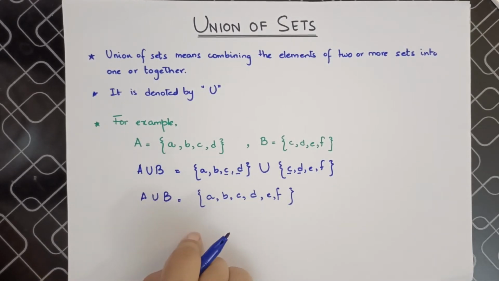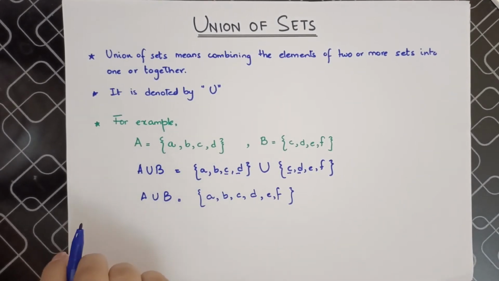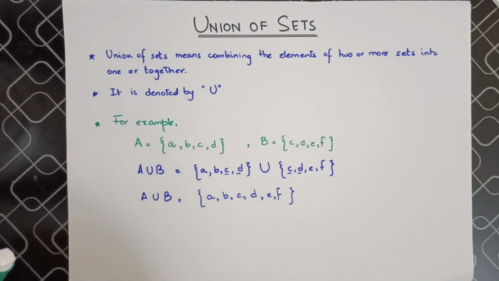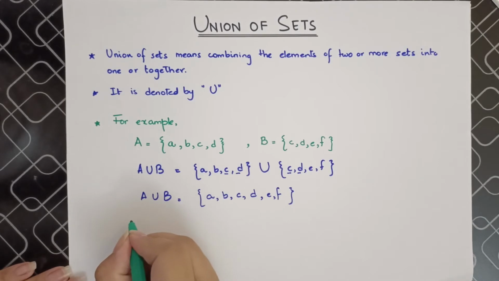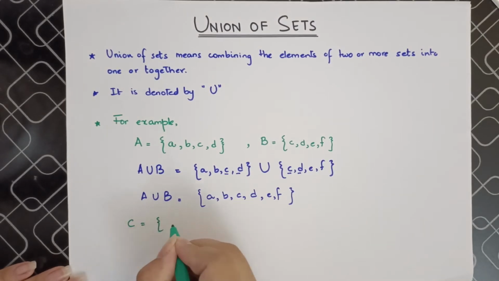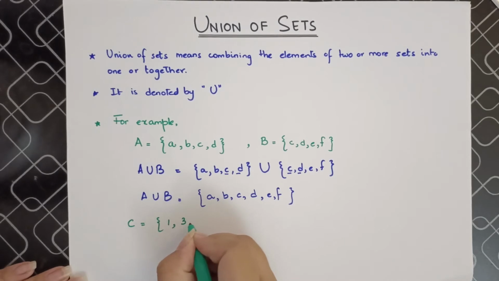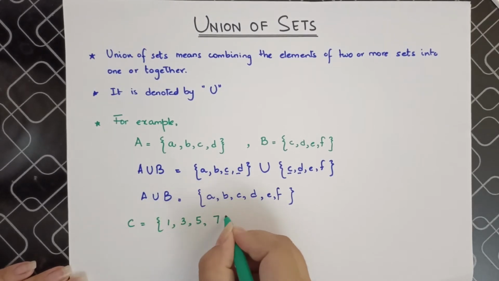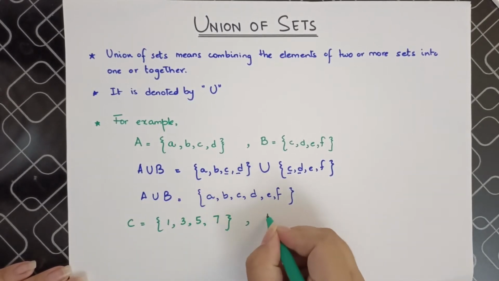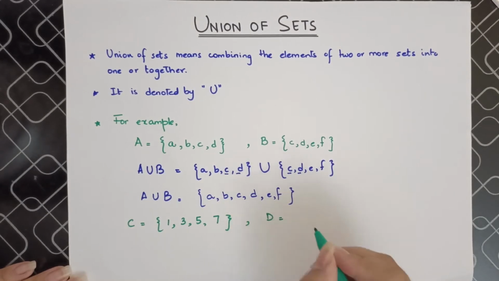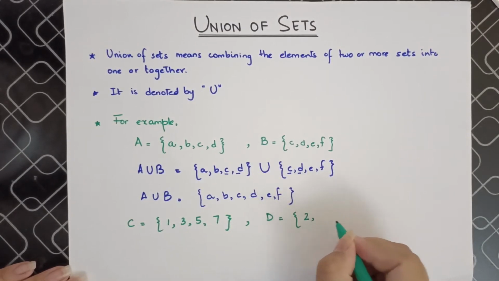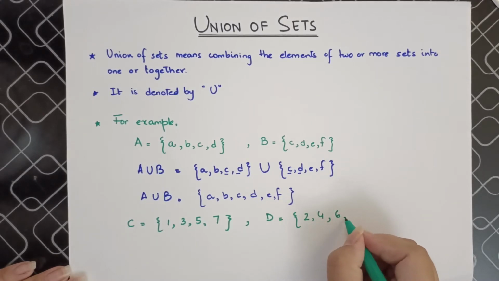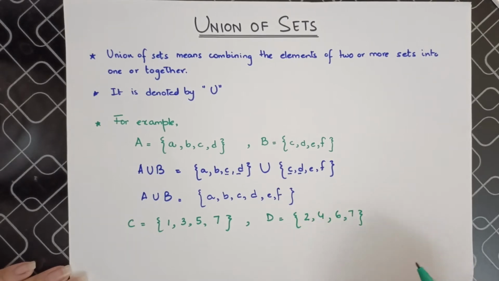Now this is a union between two sets, which are A and B. Now let me give you another example, it might help you better understand it. For example, we have two sets: C is 1, 3, 5, 7, and the set D is 2, 4, 6, and 7.